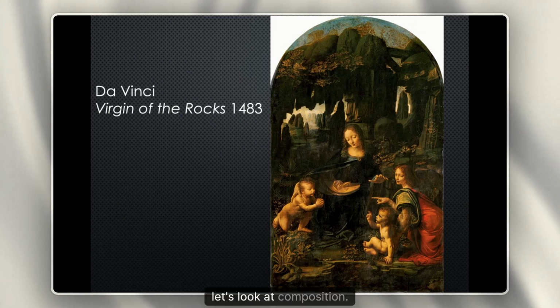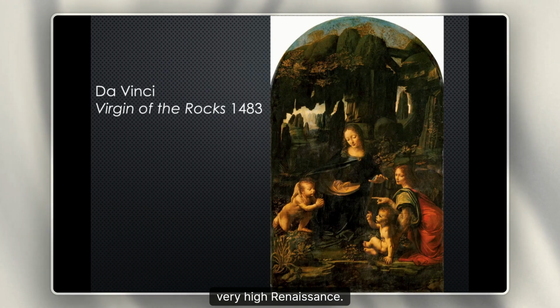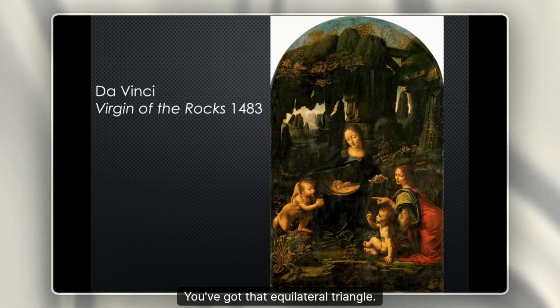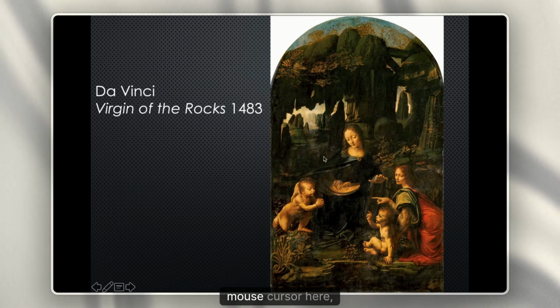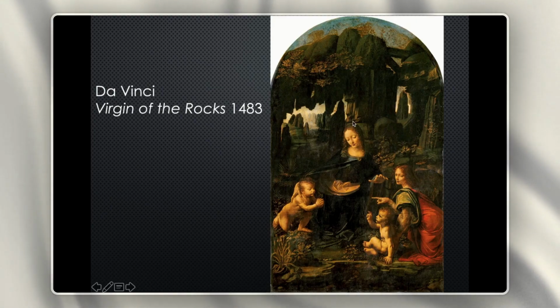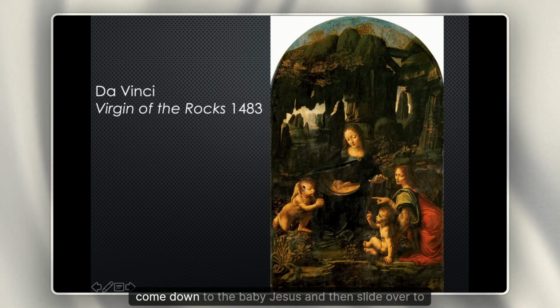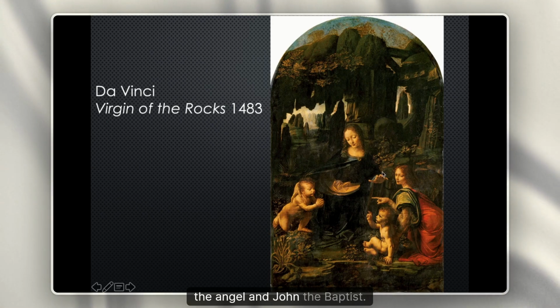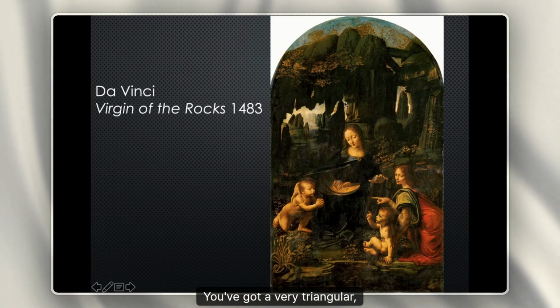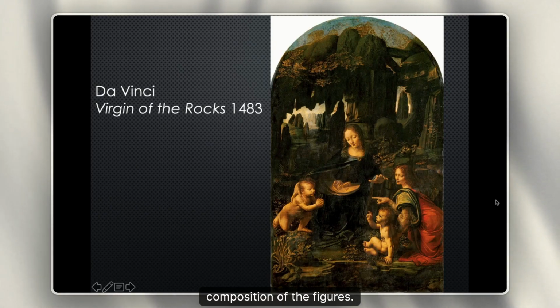Let's look at composition. Very High Renaissance. You've got that equilateral triangle. I don't know if you can see my mouse cursor here, but look at the apex, the Virgin Mary, come down to the baby Jesus, and then slide over to the angel and John the Baptist. You've got a very triangular composition of the figures.